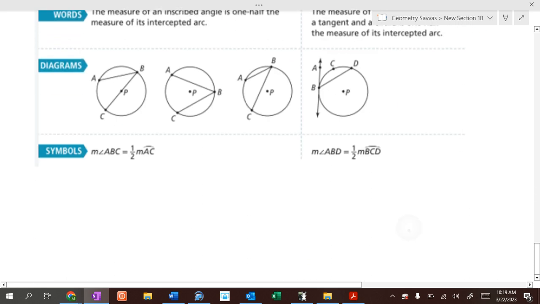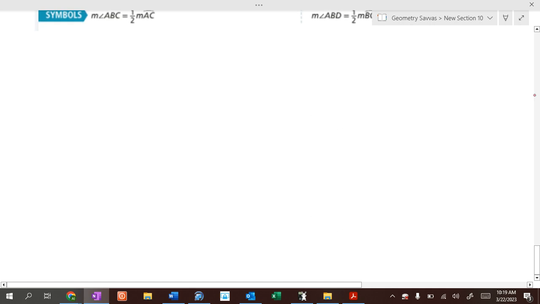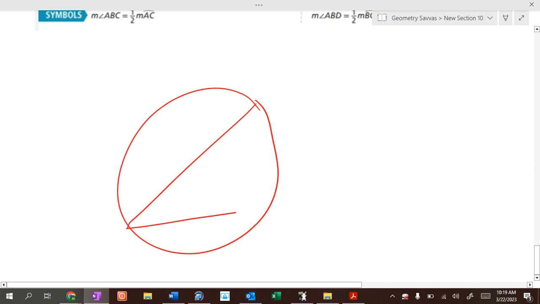Okay. So, a couple more examples here. If this is 86 degrees, what's this angle? Not 86, 43. The central angle would be 86. All the way across is 43.